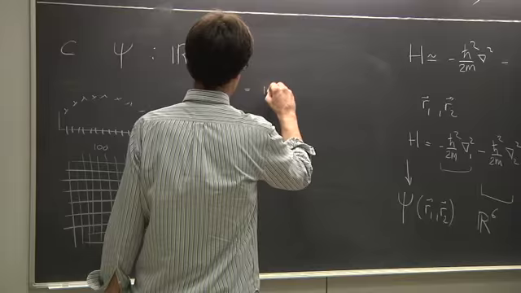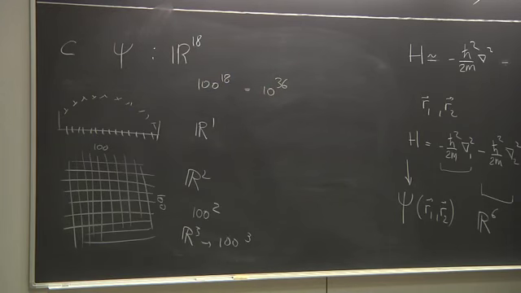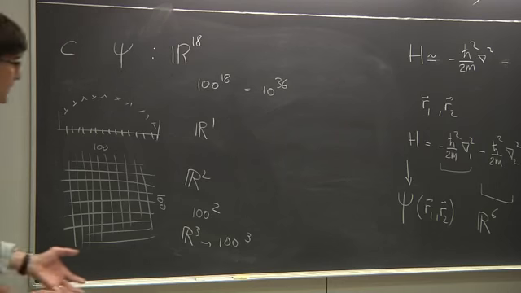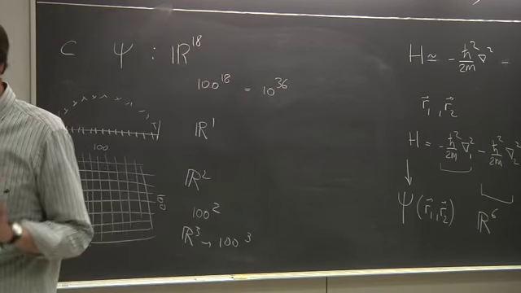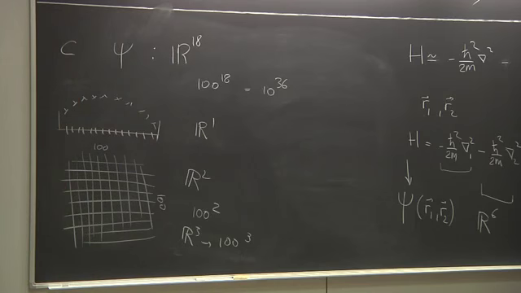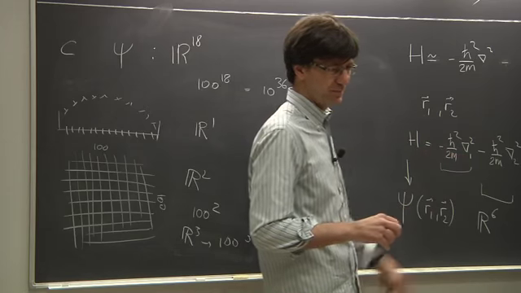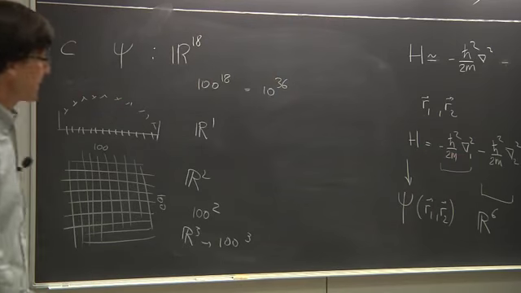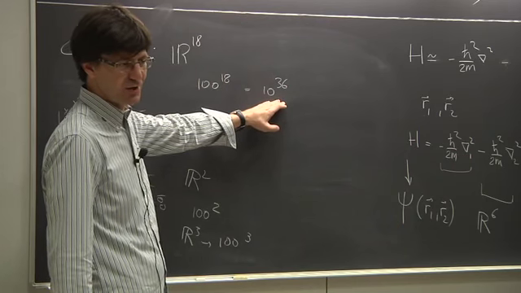Or 10 to the 36 points. So you need to store in your computer 10 to the 36 real numbers just to store the wave function. We have not even started trying to solve the problem. No computer on Earth would be able to store that.